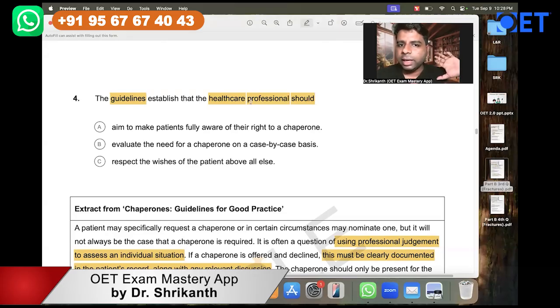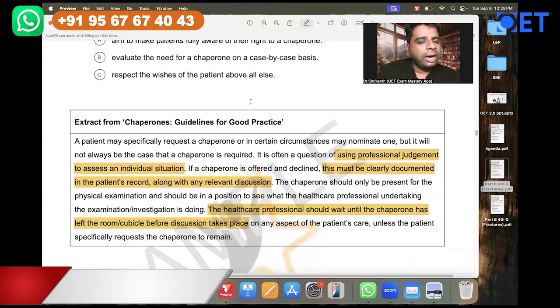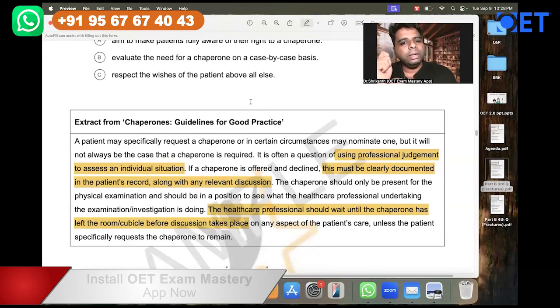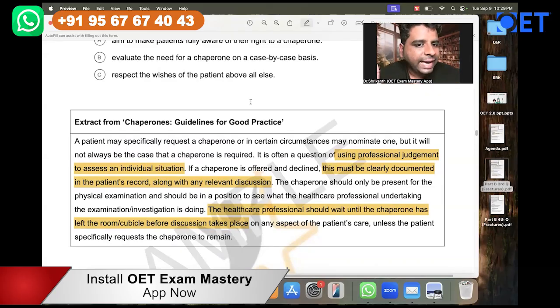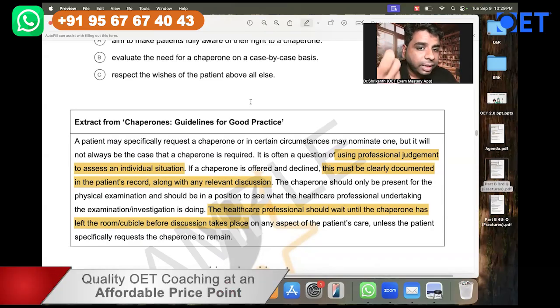That is the only thing I need to find out. So when you're reading the paragraph, you should give importance to the expectation of the healthcare professional. Every other piece of information, you can simply scan and skim. This is how you can save your time and conserve your energy, and spend that time and energy on reading part C questions.